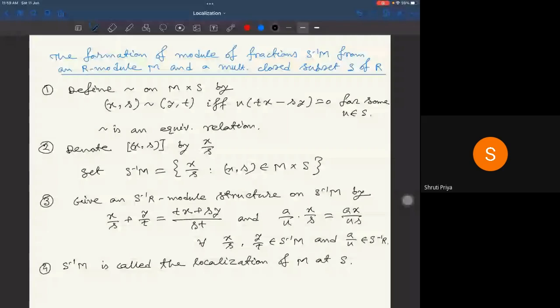Now I should ask: can you consider S inverse M as a module over R? Yes. Can you consider?